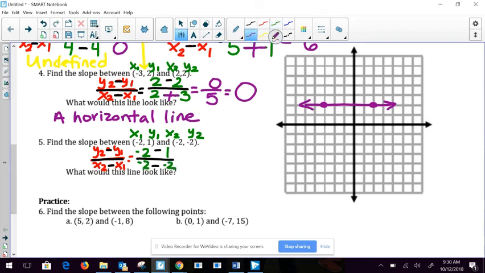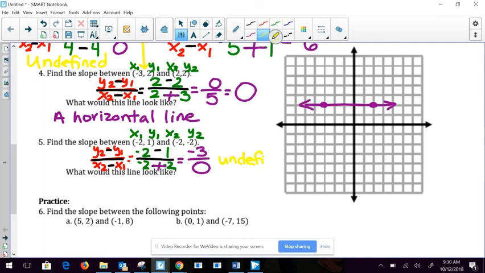Awesome. Did you substitute those in the right way? Good job. Do you see any double negatives? Yep. On the bottom, we have double negatives, so we change it to a positive. So from there, what's negative 2 minus 1? Good, negative 3. And what's negative 2 plus 2? 0. Okay, now remember, we just said that that's our undefined slope because we can't divide by 0.